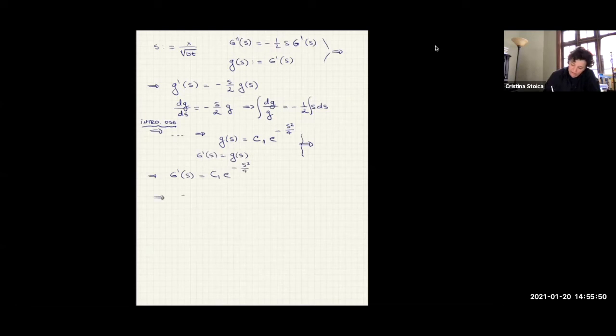If we integrate, this would be C1 times the integral from 0 to s of e to the minus sigma squared over 4 d sigma, plus a C2. So I integrate it again.